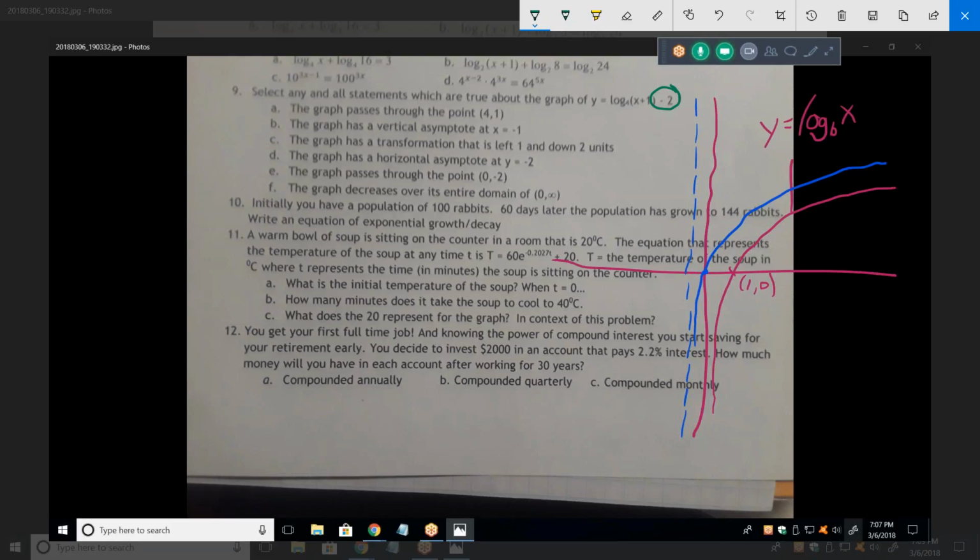Again, the blue curve, we want to apply that change to. So that point goes down 2. That's a new reference point: 0, comma, minus 2. So that point's on our curve. That does not change our vertical asymptote. Our vertical asymptote stays at minus 1.